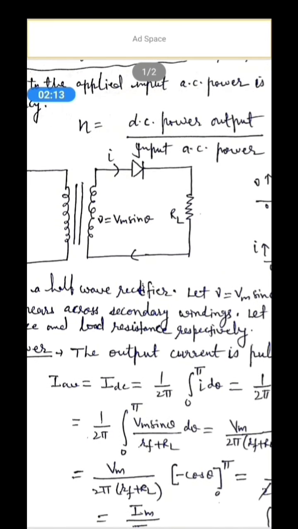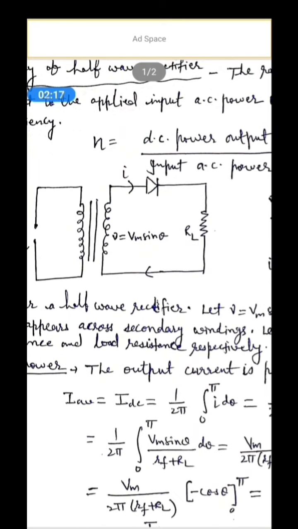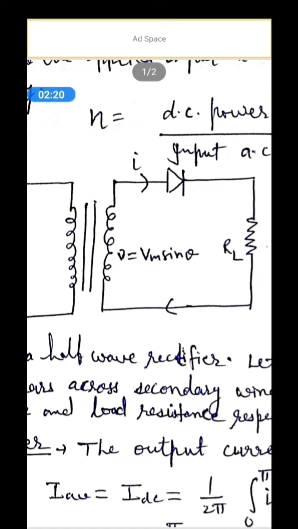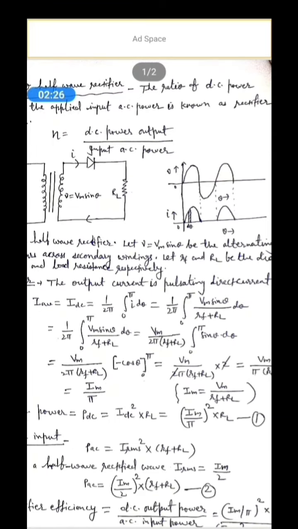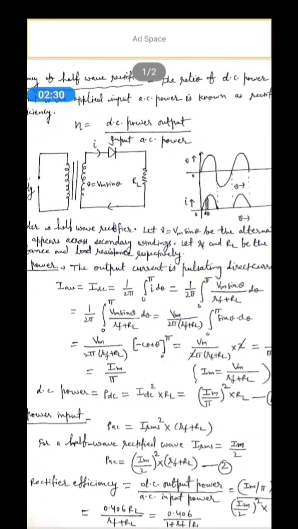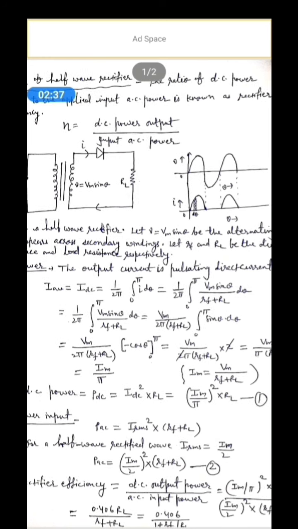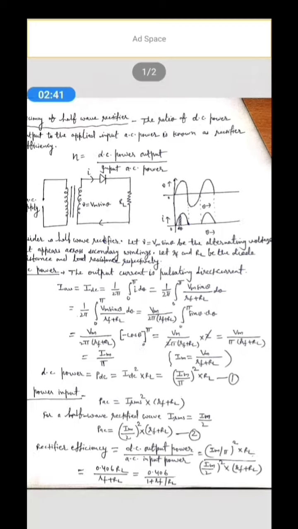And let RF and RL be the diode resistance and load resistance respectively. Here RF is the diode resistance and capital RL is the load resistance.